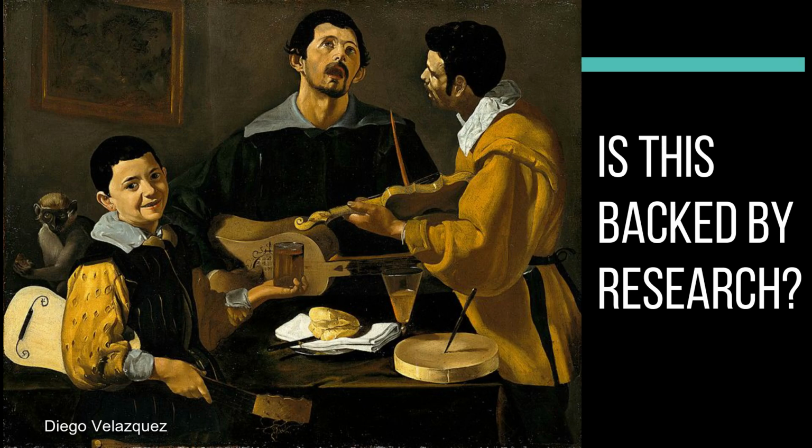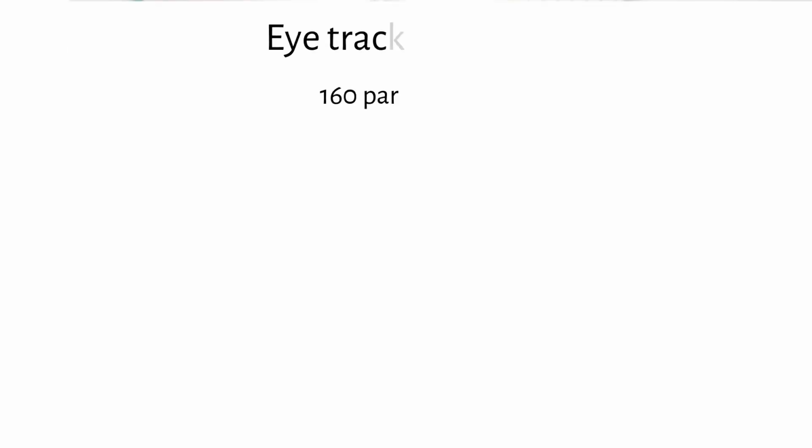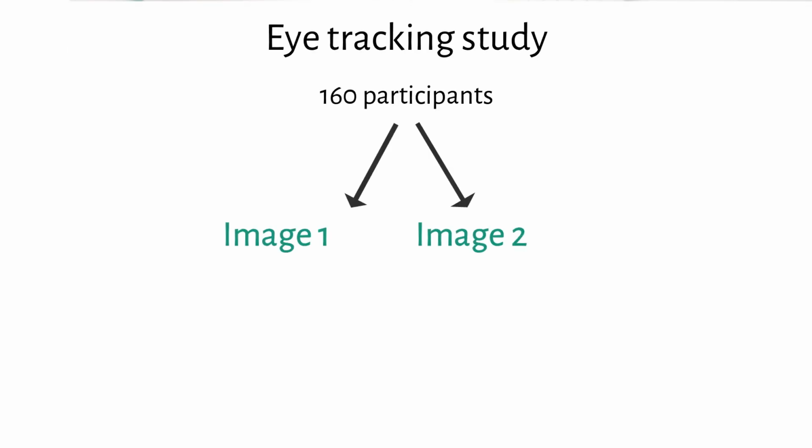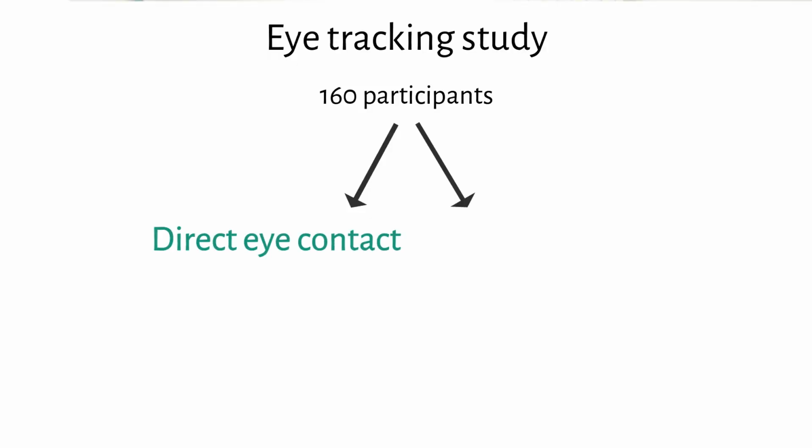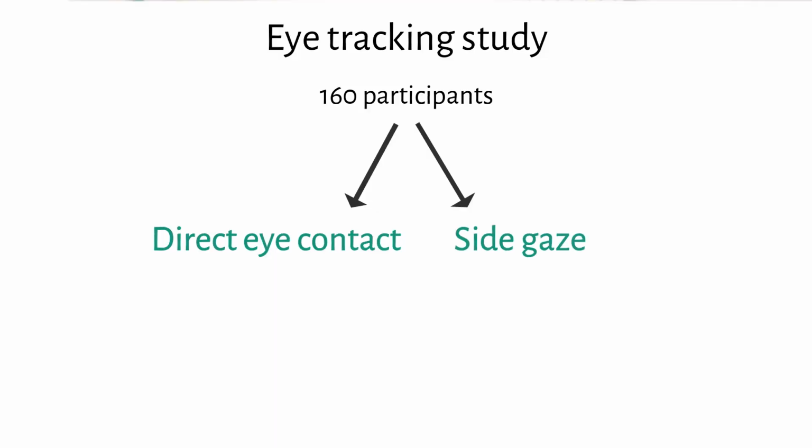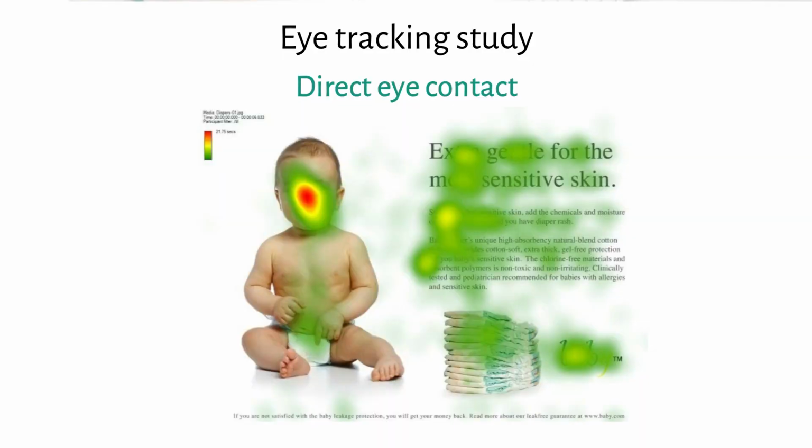So as promised, this tip is backed by research evidence. In one eye tracking study, 160 participants looked at 2 images. In one image, the subject, in this case a baby, made direct eye contact with them. And in the second image, the baby struck a side gaze. The data from the eye tracking showed that when the baby made direct eye contact with the participants, there was less attention on the accompanying text and there was more attention on the face, on the eyes, and on the baby itself.